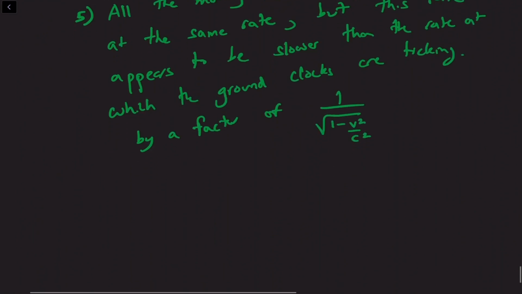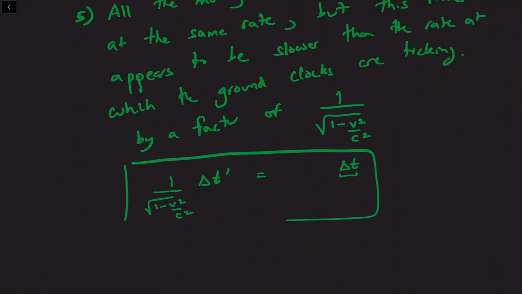So to be precise, if a time interval delta t prime has elapsed on the moving clock, it will be smaller than the time interval delta t elapsed on the ground, and the relative factor would be 1 over the square root of 1 minus v square by c square. So this is time elapsed on a single moving clock.